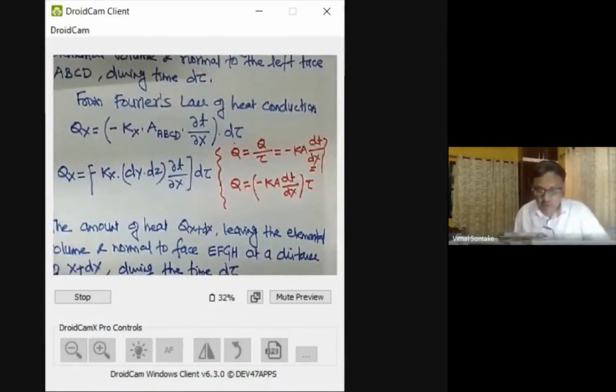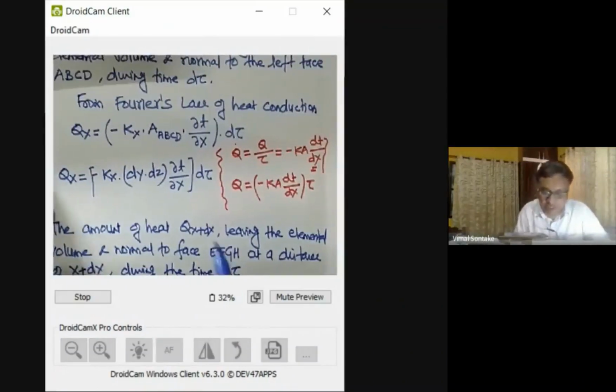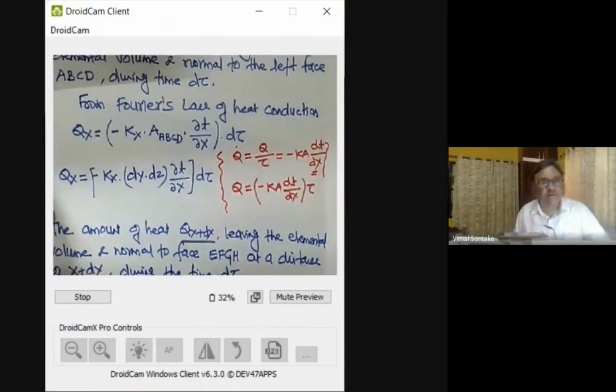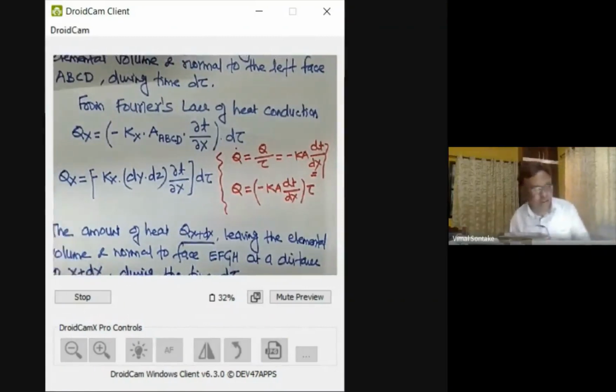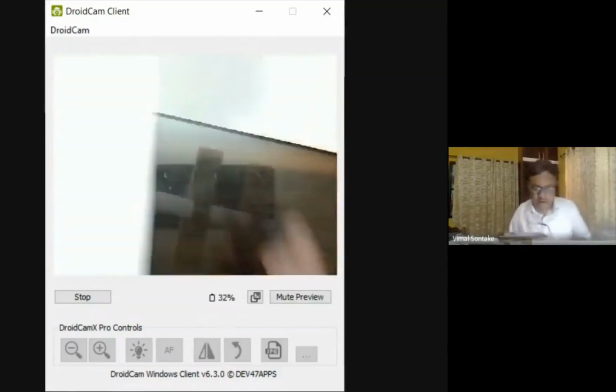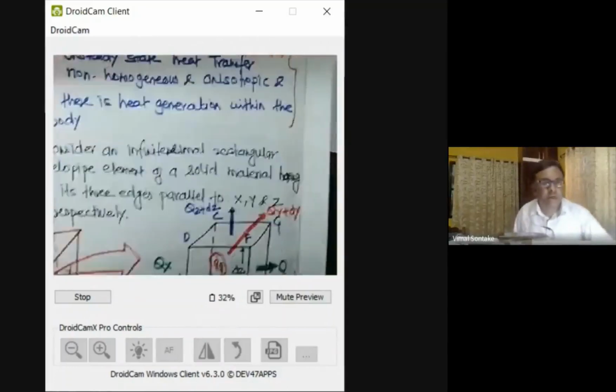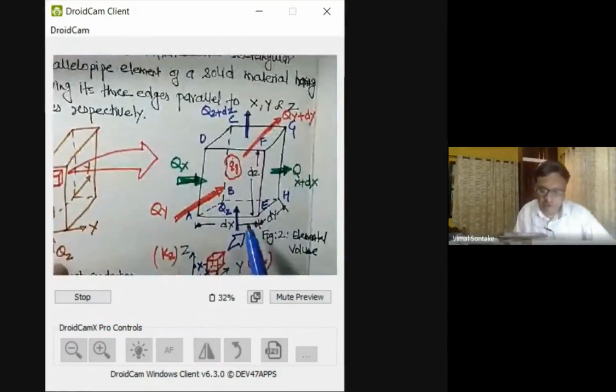Now to write the expression for this Qx plus dx, we have to apply Taylor series expansion. Why is this Taylor series expansion required? Let me explain. What is happening in this elemental volume?